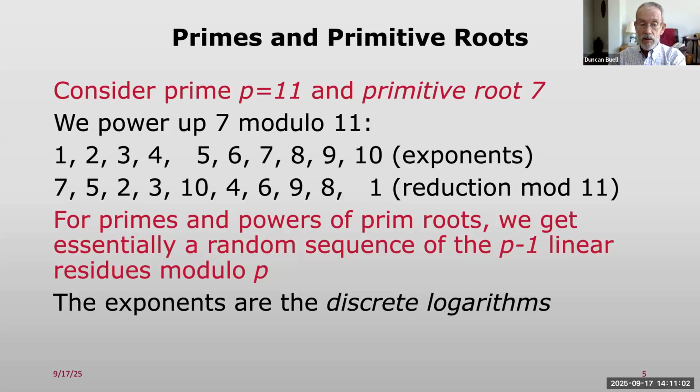So these are essentially random, and the exponents are referred to as discrete logarithms. If 7 to the 5th modulo 11 is 10, then the logarithm modulo a primitive root 7 of 10 is 5. And this is what you hear when you talk about the discrete logarithm problem, because it really looks like a logarithm. It's just kind of oddly done.